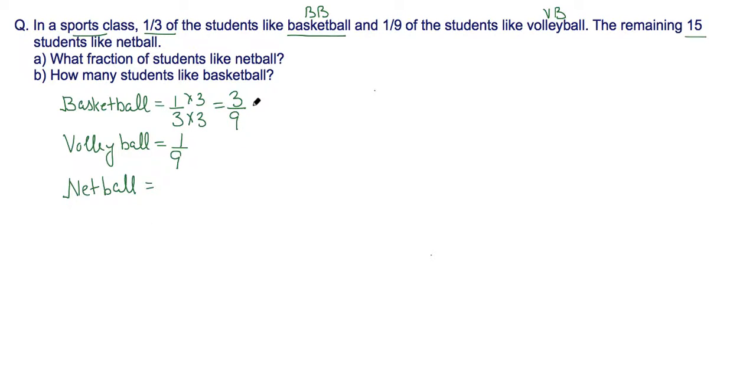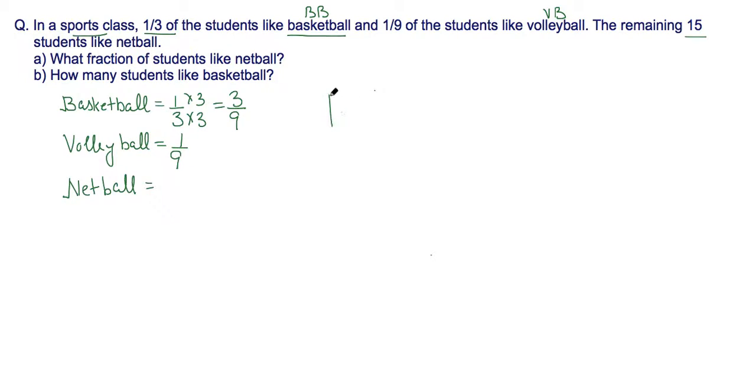That means we can represent this whole thing in the form of a model. The total number of students in the class can be represented with 9 units, because the denominator here is 9, so that represents the total number of students.